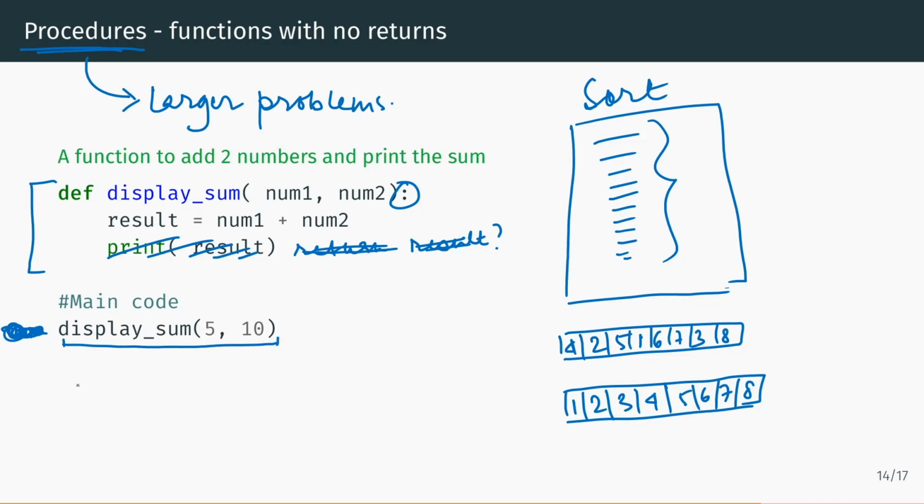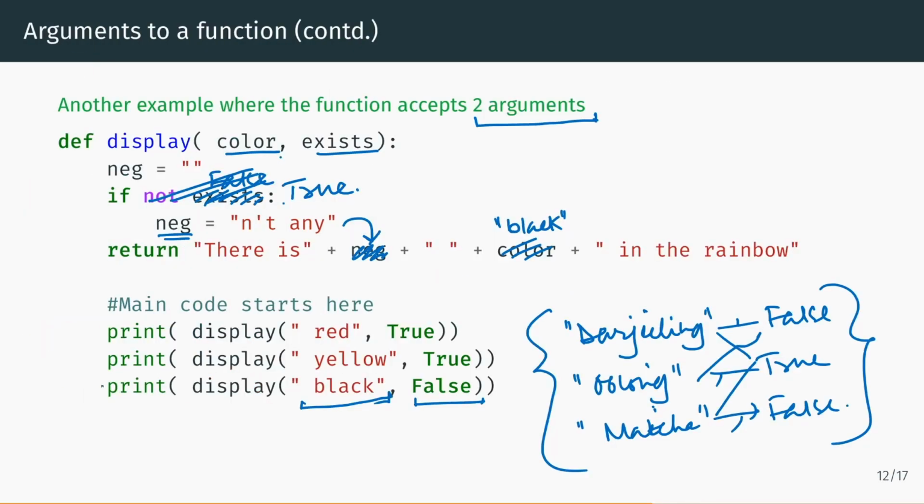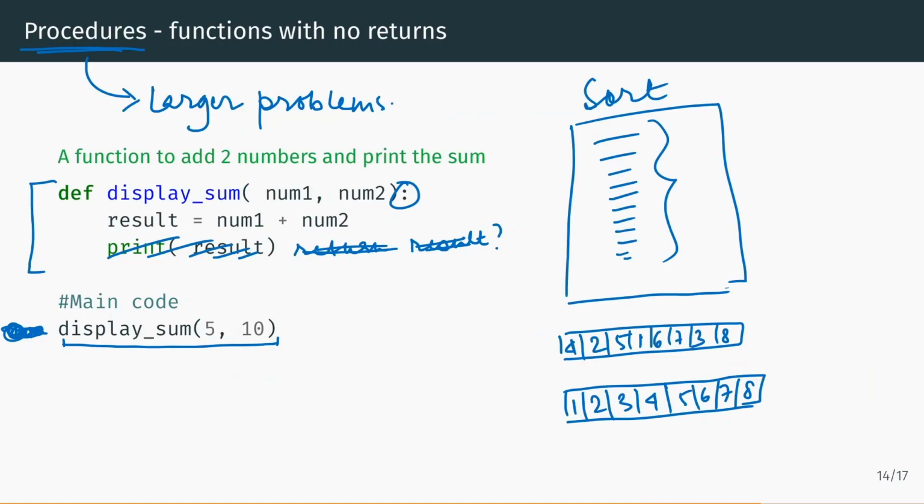Previously we have been using functions in expressions, like print and display. This print is a function, this display is a function, and you are using this display function inside a print function. You can do this because display, as you know, returns a value. So if a function returns something, it can be used in an expression. If a function does not return anything, it cannot be used in an expression.